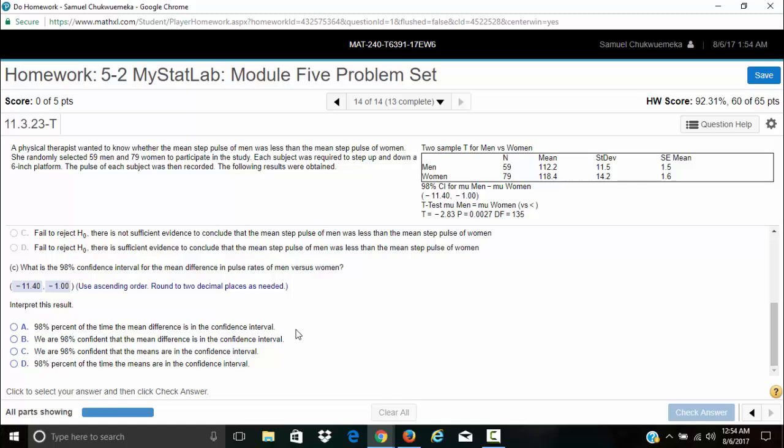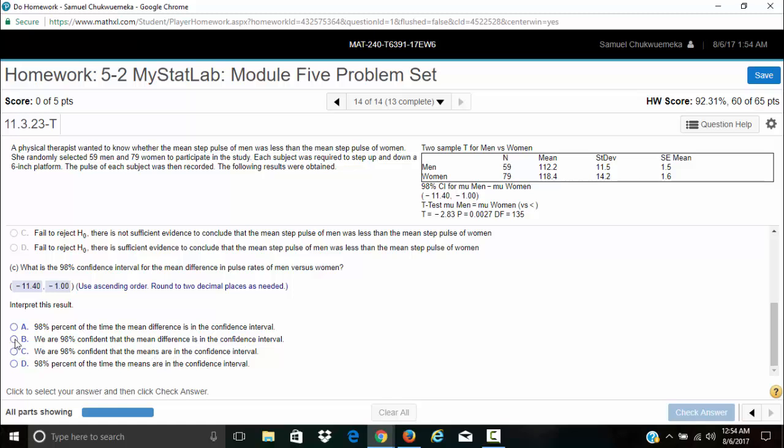Interpret this result. We are 98% confident that the means are in the confidence interval. And then you see here, look at B and C. You have to be careful in B and C. You're 98% confident that the mean difference is in the confidence interval, not that the means are in the confidence interval.